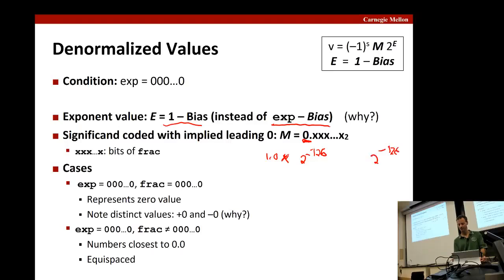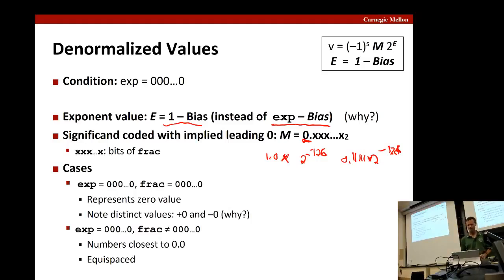You might think that's redundant, but because the mantissa starts with 0, I actually start at things that are strictly smaller. The largest number I can represent is this one, so it's a perfectly smooth transition, from 1 times 2 to the minus 126 to something just slightly less than that. That's why this is a 1 and not something else.